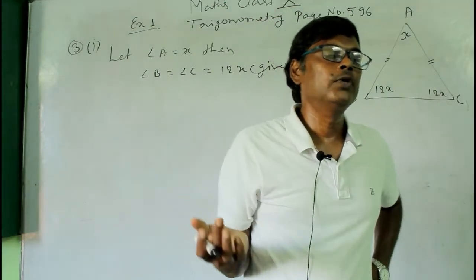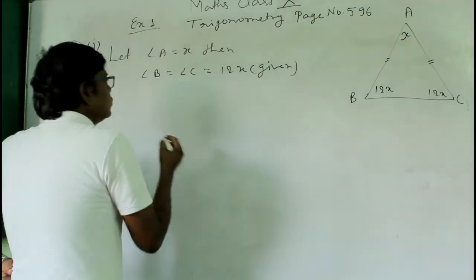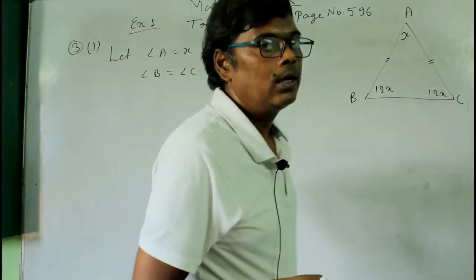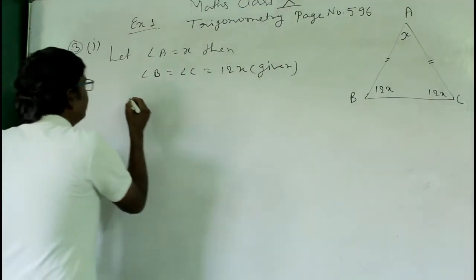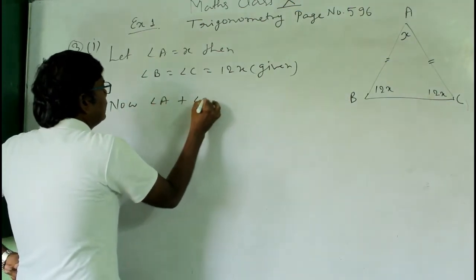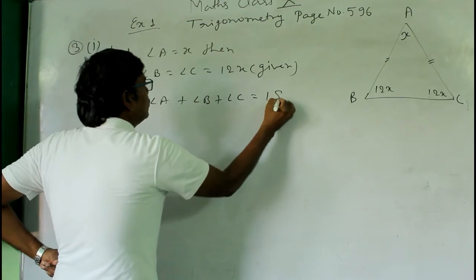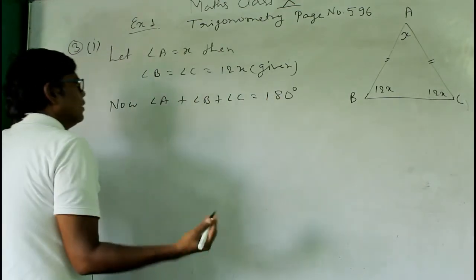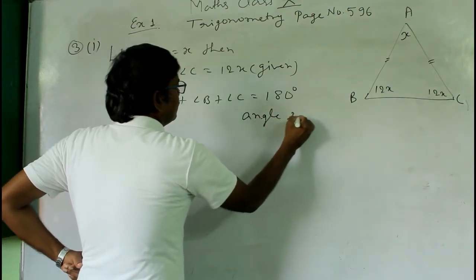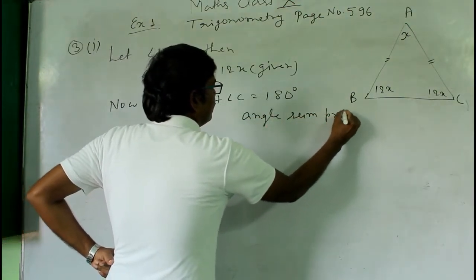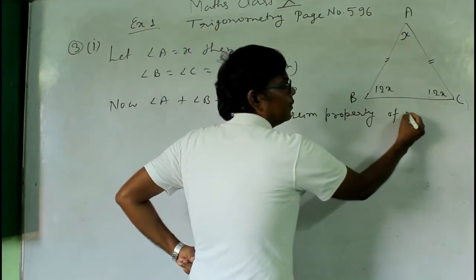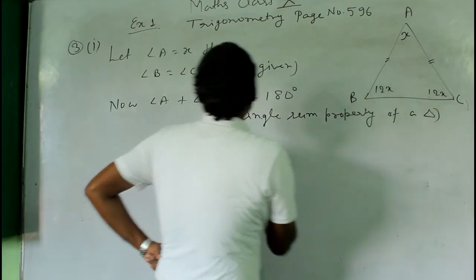So first find the values in degrees. Here you know that in any triangle the sum of three angles is equal to 180 degrees. So angle A plus angle B plus angle C is equal to 180 degrees. This is the angle sum property of a triangle.